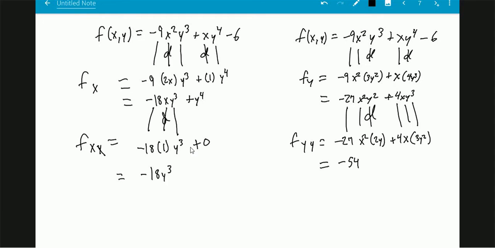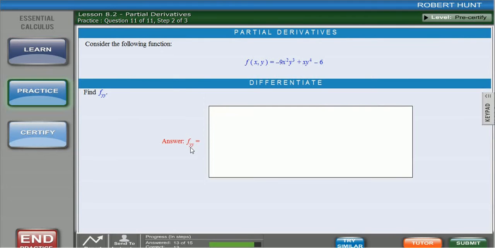Negative 54 x squared y, plus 4 times 3 is 12, xy squared.